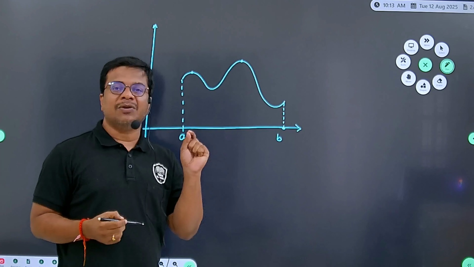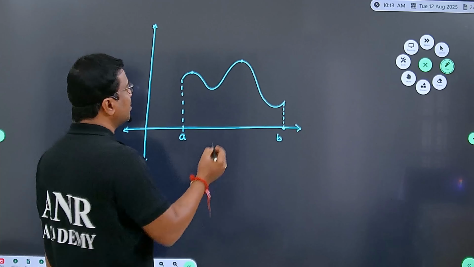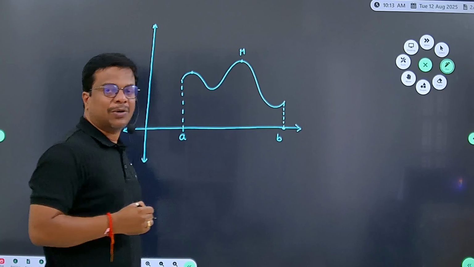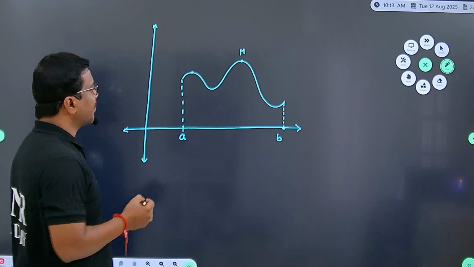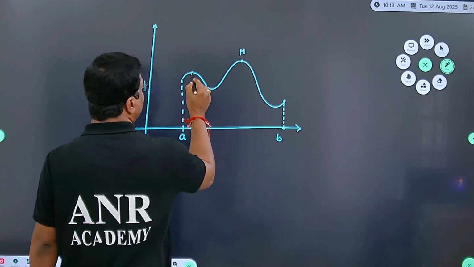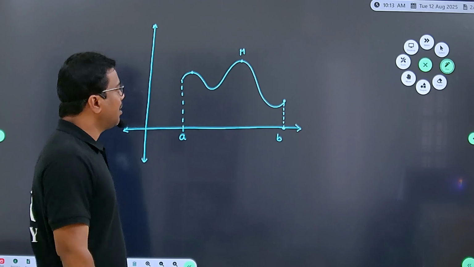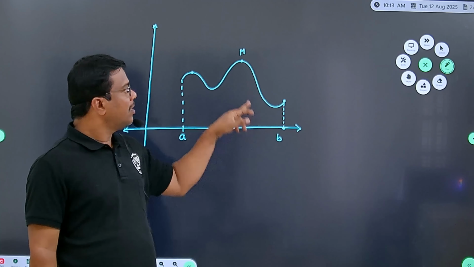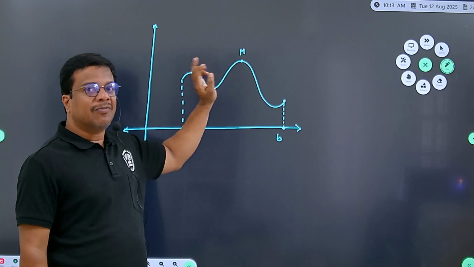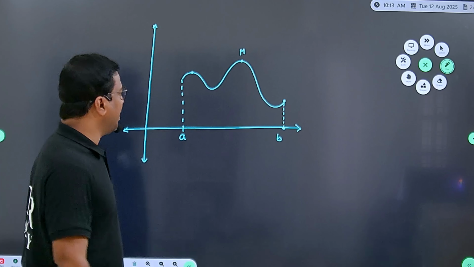The maximum value of all maximas is known as global maxima, so I am going to indicate global maxima with the notation capital M. Next, here also you have maximum values, 1, 2, 3 maximas are there, and from the 3, the middle one is the maximum of all maximas, so the notation here is capital M.